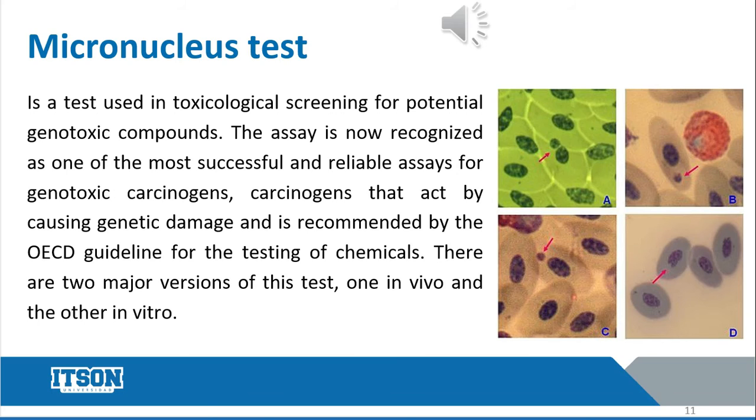The assay is now recognized as one of the most successful and reliable assays for genotoxic carcinogens that act by causing genetic damage, and it is recommended by the OECD guideline for the testing of chemicals. There are two major versions of this test, one in vivo and the other in vitro.